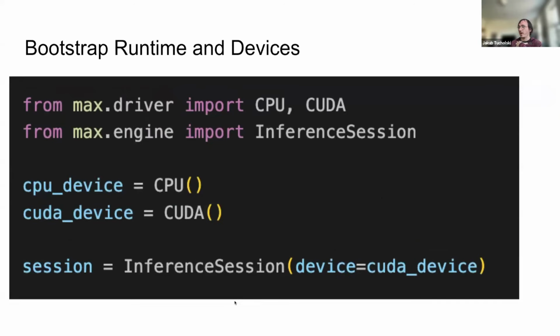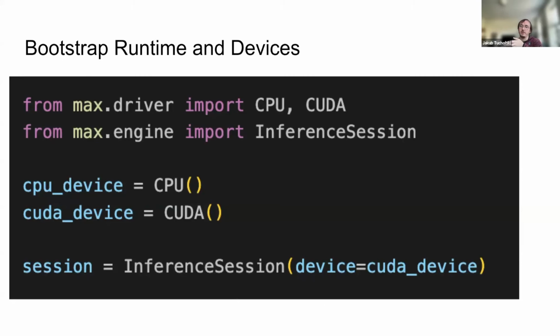So now with driver, we've shown that we can initialize these CPU and CUDA devices. But now what we can actually do is take one of our Max engine sessions and tell our engine, please run on the GPU.